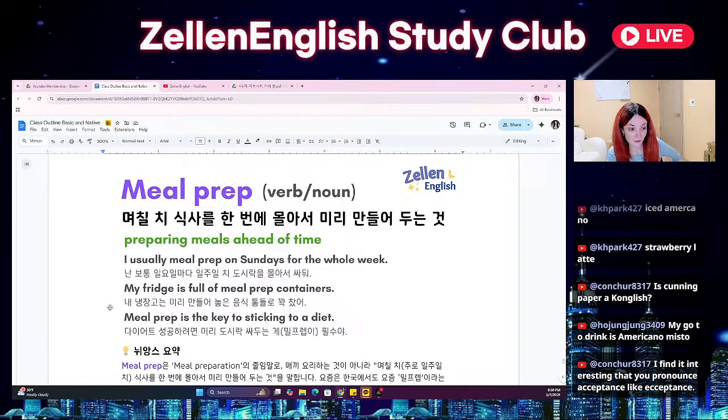And then finally, meal prep is the key to sticking to a diet.